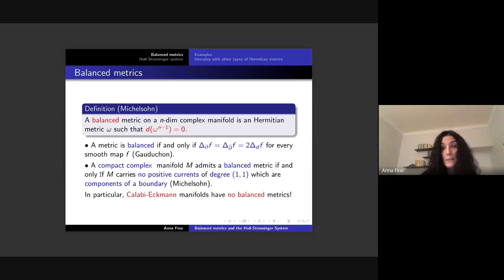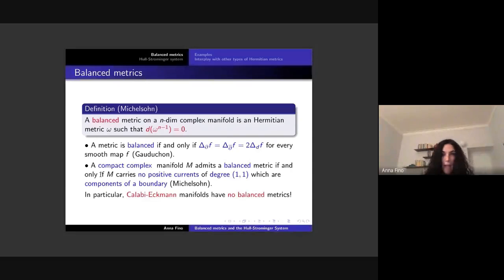That means that there cannot exist a positive current T of degree (1,1) such that there exists a current S with T equal to ∂S plus ∂-bar of S-bar. And this gives a nice obstruction to the existence of balanced metrics on compact complex manifolds.